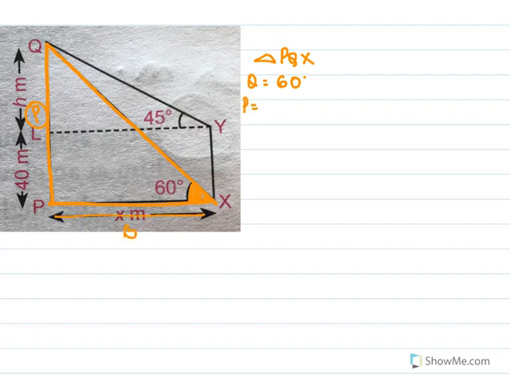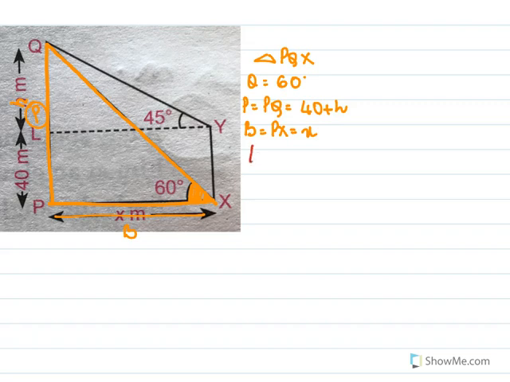So let's write perpendicular PQ, which we will write as 40 plus H, or we just keep it as PQ. And then the base is PX, in this case we'll write it as x. Here we've taken QL as H, so this becomes 40 plus H.